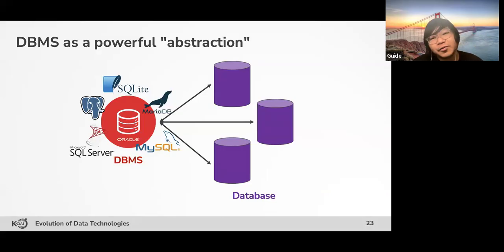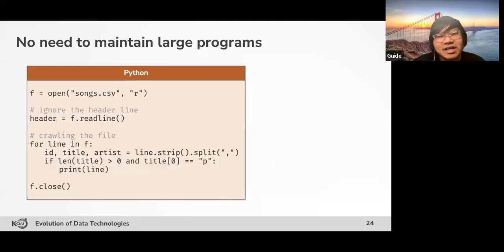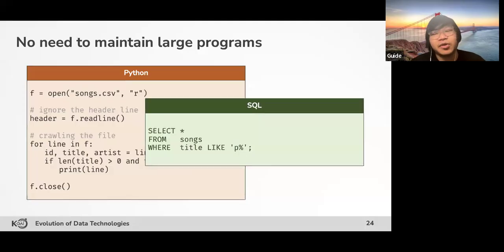So what do DBMS help you with? Instead of writing these large programs every single time, you only need to write SQL or these simple queries. It's a lot better, right? Only 3 lines of code written in readable English rather than the cryptic Python things. Even non-programmers or non-technical people could easily understand SQL more than Python.